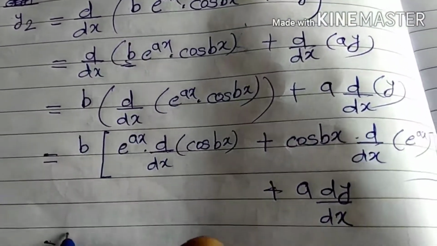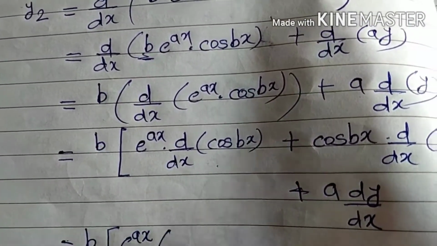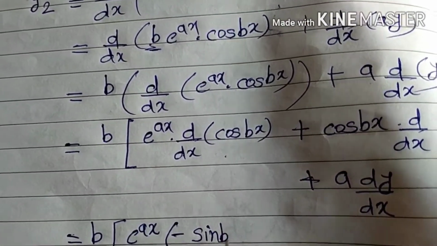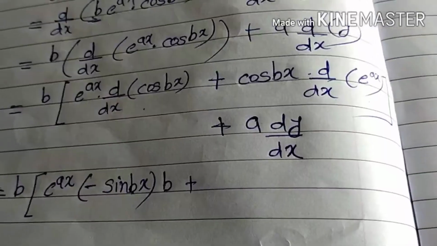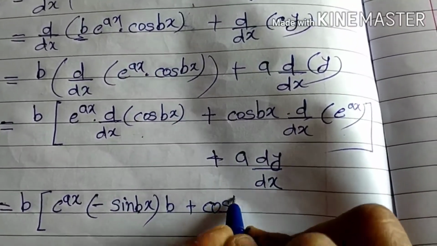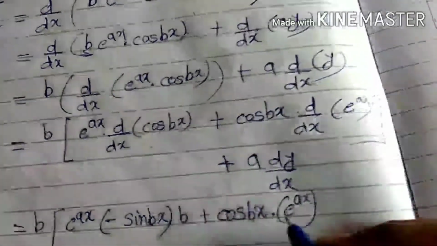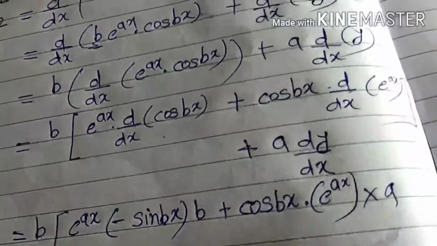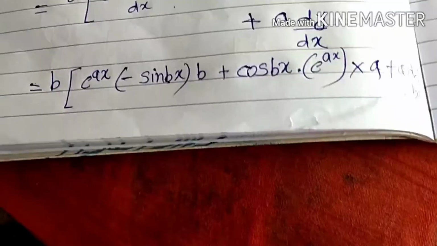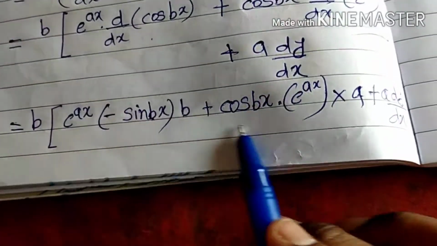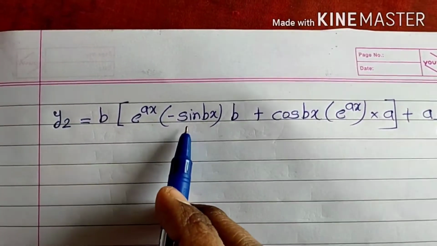Now e raised to ax as it is, and derivative of cos bx is minus sin bx, and derivative of bx is b, plus cos bx as it is into derivative of e raised to ax is e raised to ax, and the derivative of ax is a, and plus a dy by dx. Now take this minus sign outside.